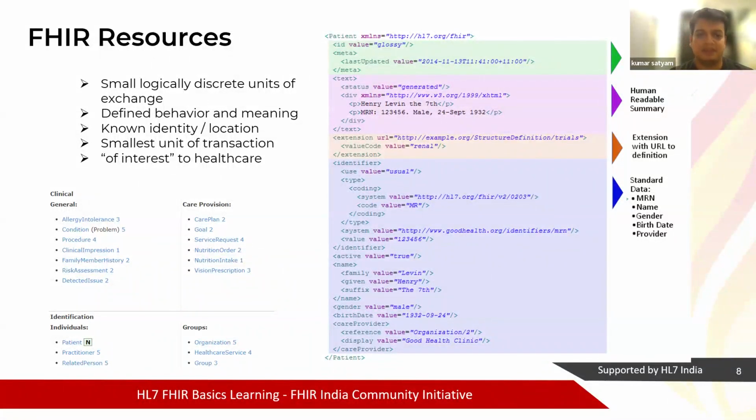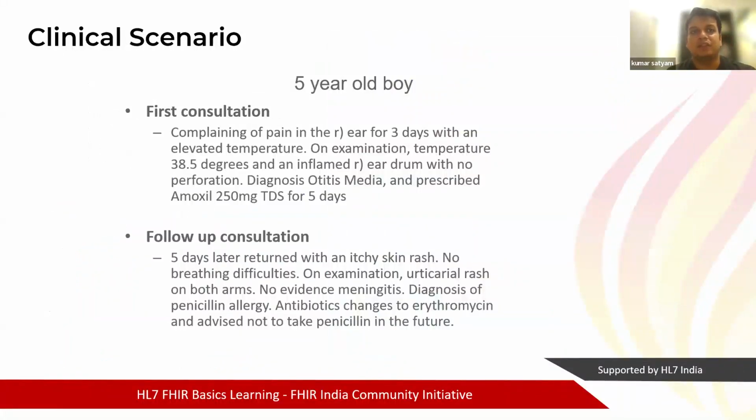All right. So today, we start with a clinical scenario so that we start putting to use whatever knowledge we have gained so far. This is a typical clinical scenario of a 5-year-old boy. He had two consultations.